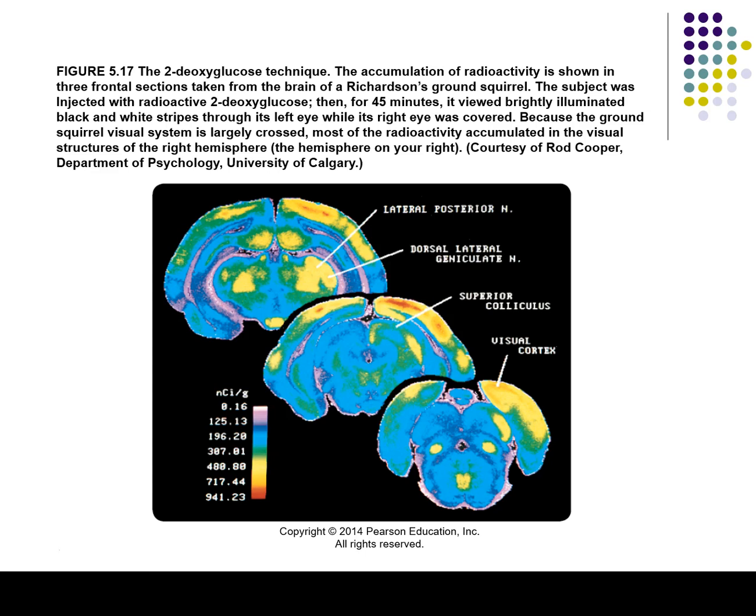Let's look at a picture here. So here, again, 2-deoxyglucose technique. Subject was injected with radioactive 2DG. Then for 45 minutes, it viewed brightly illuminated black and white stripes through its left eye while its right eye was covered. Because the ground squirrel visual system is largely crossed, most of the radioactivity accumulated in the visual structure of the right hemisphere.